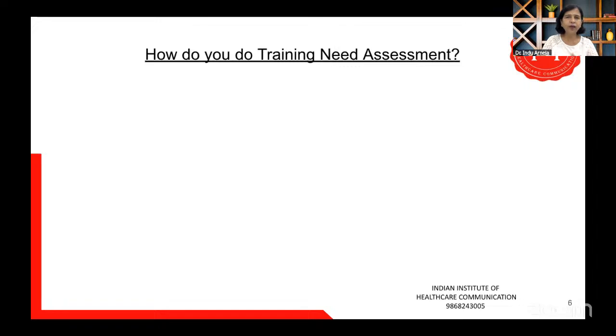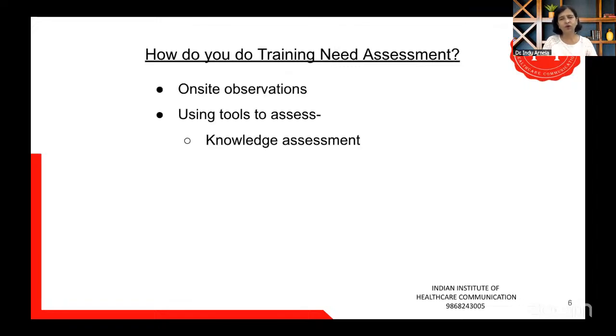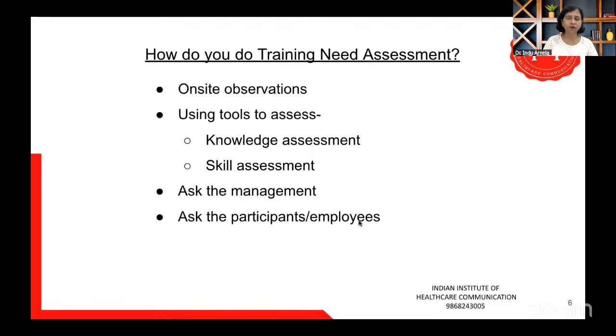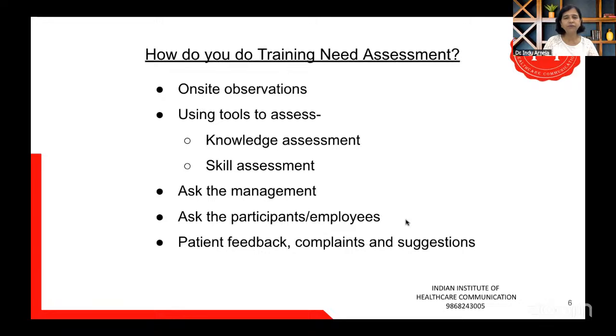It could be by on-site observation, using tools to assess like knowledge assessment or skill assessment, interviewing the management, asking the participants and employees, patient feedback. Like many of you have mentioned, if you are receiving a lot of complaints and suggestions for a particular area, that itself clearly shows that probably this area or people working in this area require skill building or more upskilling.